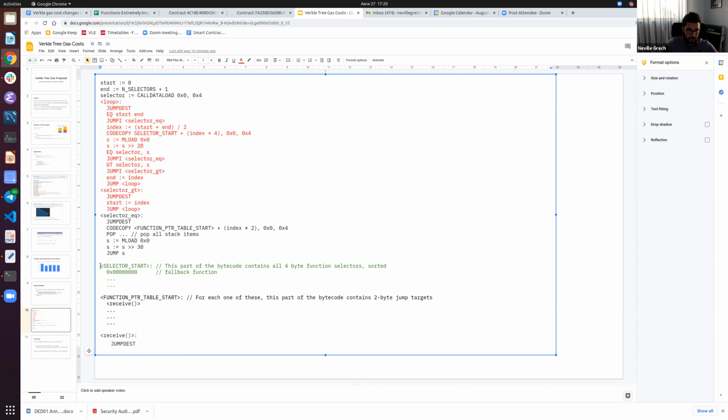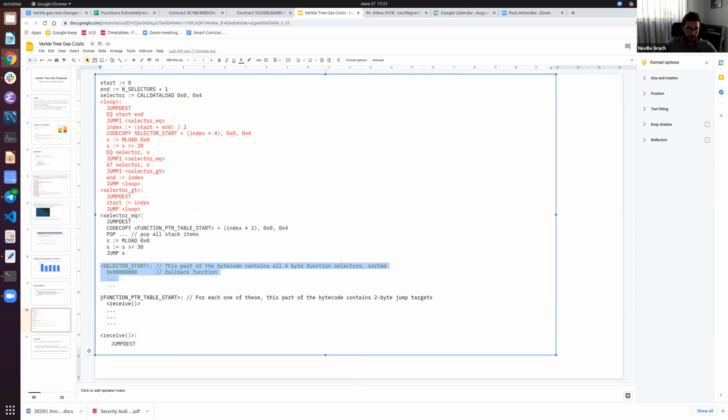Then for instance, packing the function selectors, the 4 bytes, in a part of the bytecode means that you will probably access half of that part of the bytecode, and the rest you will not access, so you'll not pay a price for that.